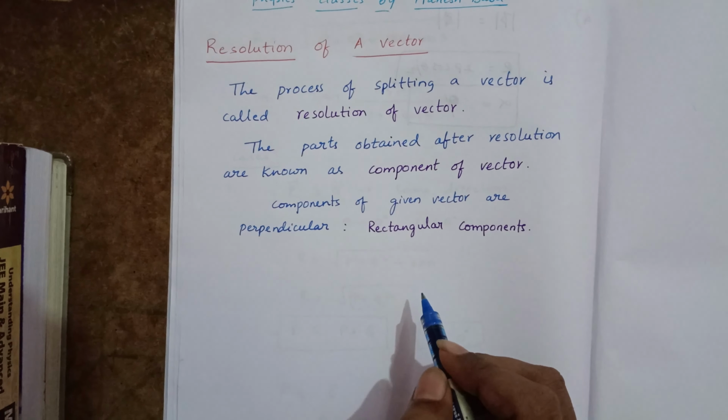This is one component. Now I am taking sin theta here. What is sin theta? Opposite side PQ by hypotenuse OP. PQ is parallel to the y axis, so it can be taken as AY.